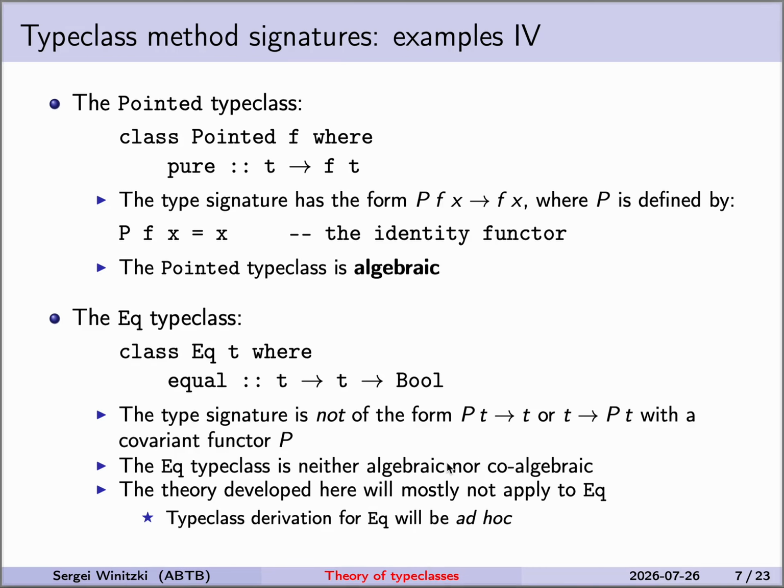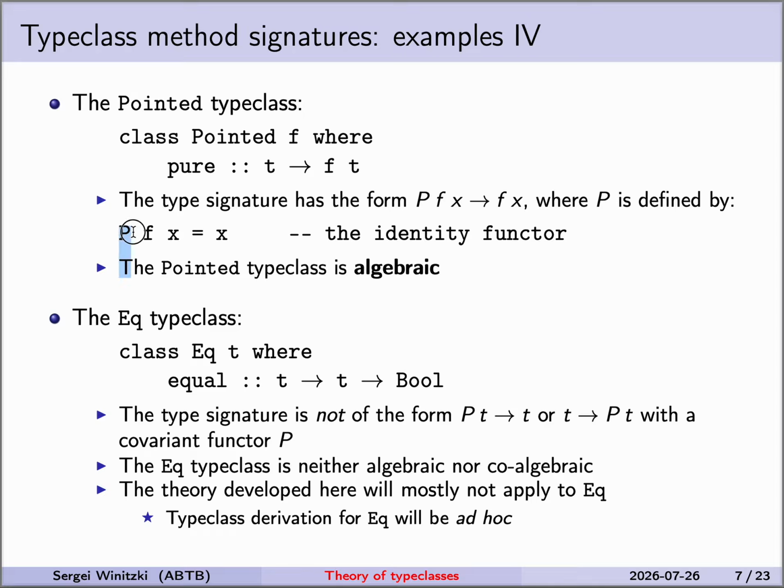Another example is the pointed type class. So pointed is where there is a method of this sort. And this has the form pfx to fx. Note here, t is an arbitrary type parameter, so we can use x instead of t if we feel like.